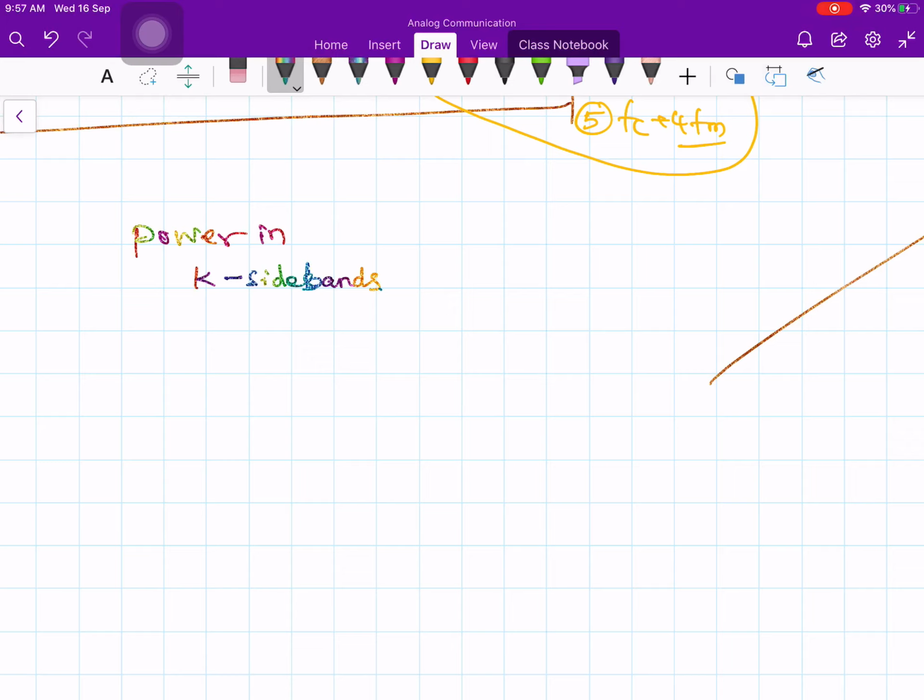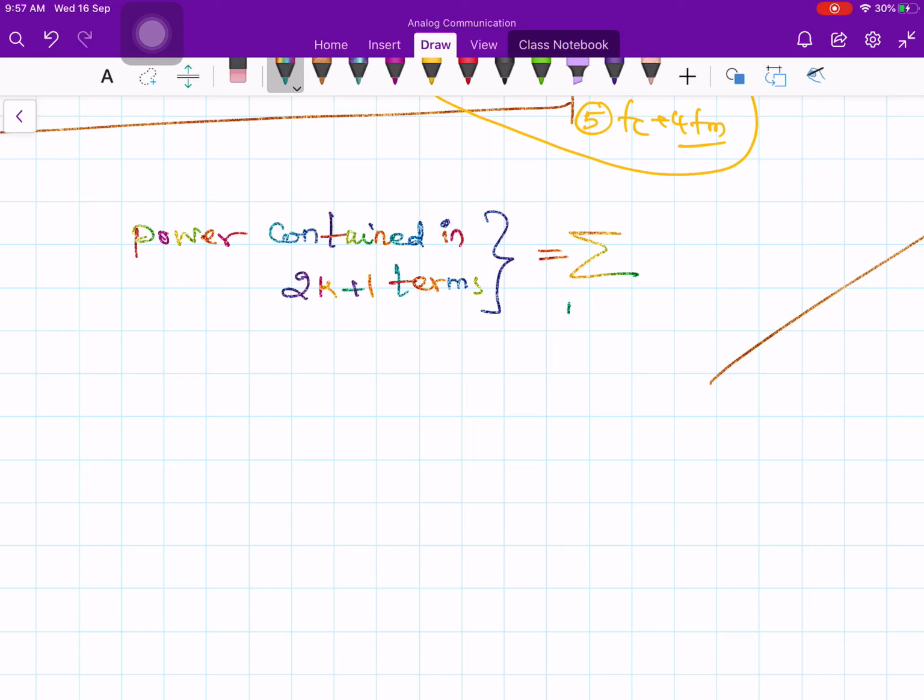Okay, so power contained in 2k plus 1 terms. That is more appropriate. Power contained in 2k plus 1 spectral components. This is sigma n is equal to minus k to plus k, then Ac squared by 2 Jn of beta.